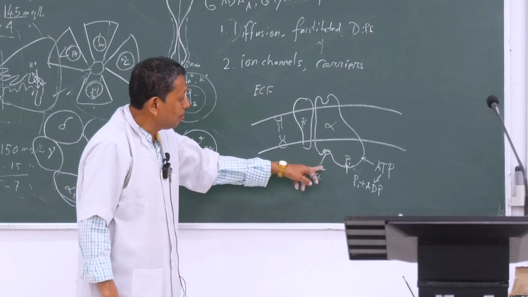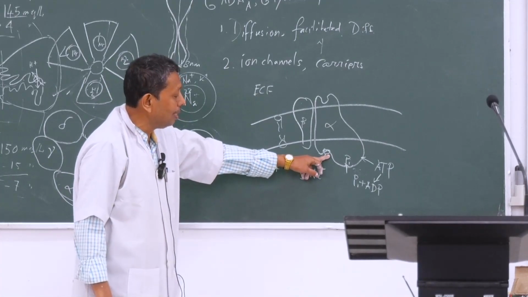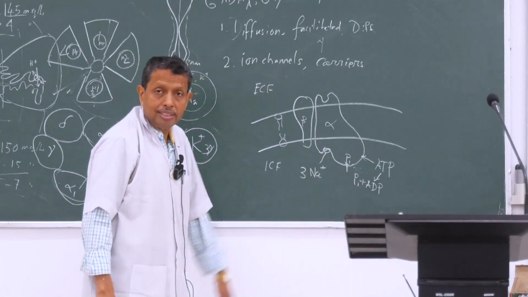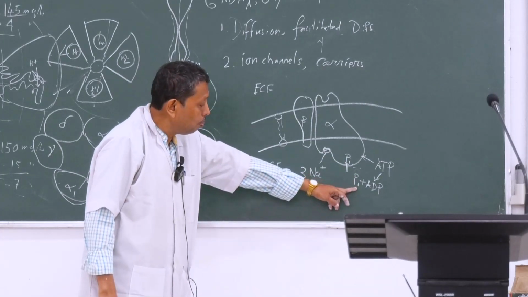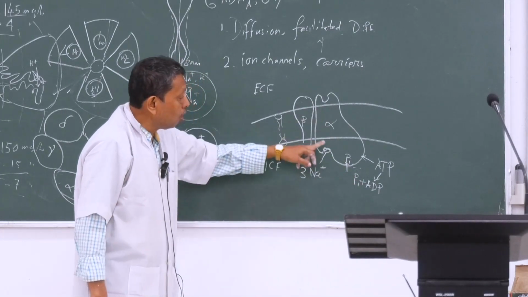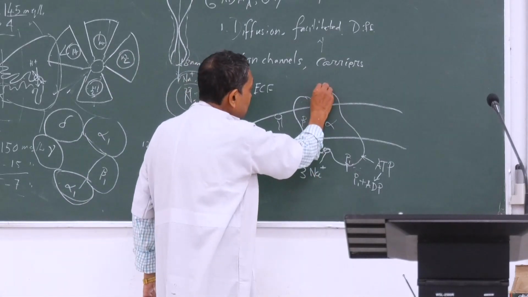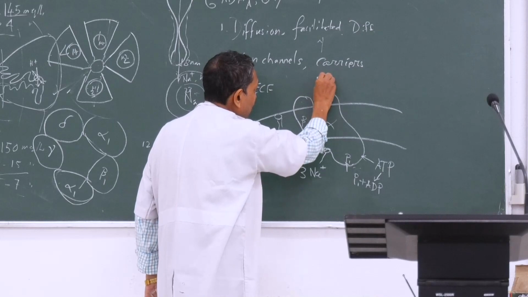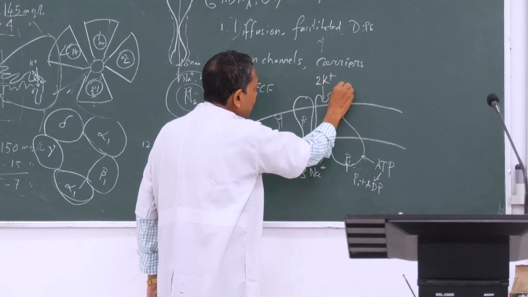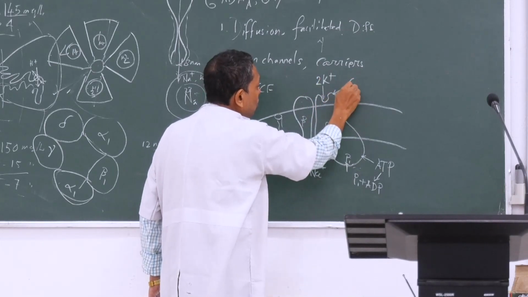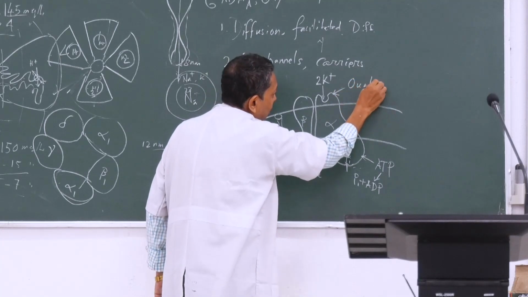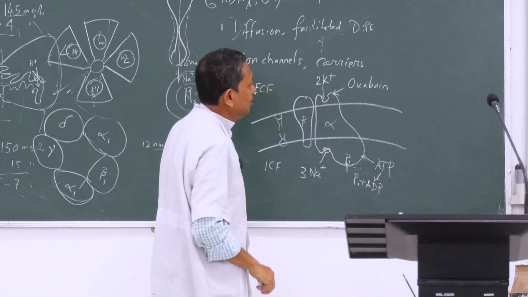And when 3 sodium ions unite with this sodium binding site, and there is the ATP binding site, the ATP is broken down into Pi and ADP, and there is some conformational change. At the same time there are 2 potassium ion binding sites, and the ouabain binding site. Digitalis is ouabain, ouabain binding sites.